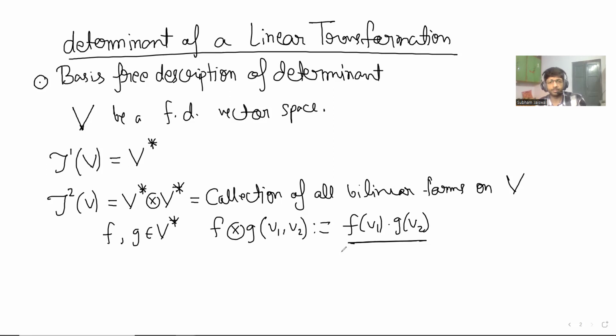So this way you build up. From the one forms, you get two forms, which are called bilinear forms, then trilinear forms. In this way, you can just go as high as you want, and you get k forms. So this way you get k forms.